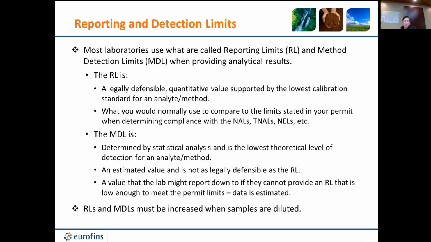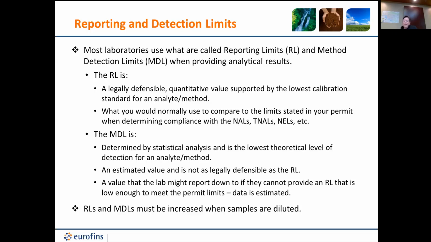So as I said before, most labs use what are called reporting limits when they're giving you analytical results. The RL is that legally defensible quantitative value supported by the low calibration standard, which is a requirement for minimum levels. And it's what you would normally use to compare to the limits stated in your permit when determining compliance with your NALs, TNALs, and NELs, even TMDLs and things like that.